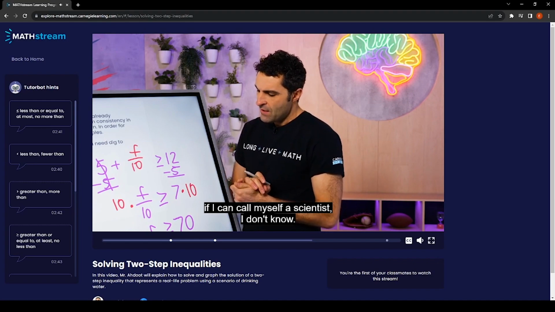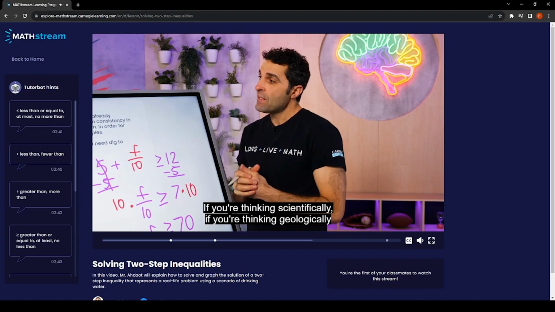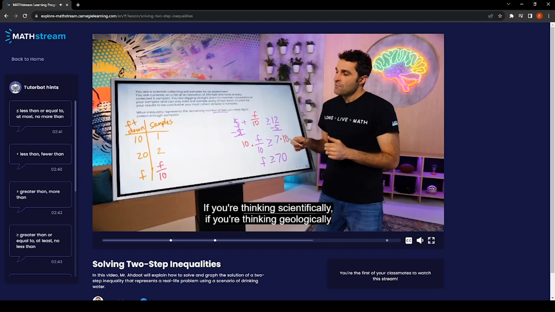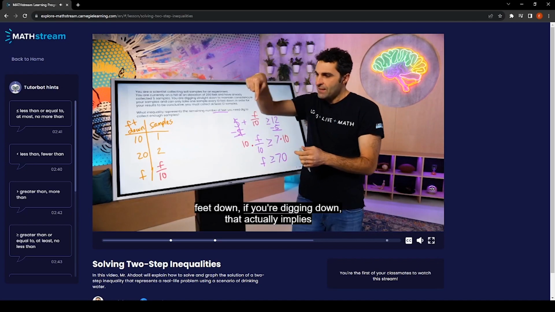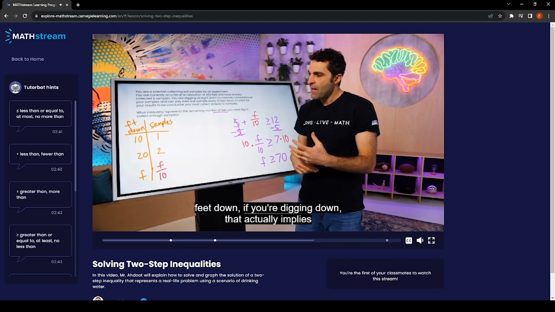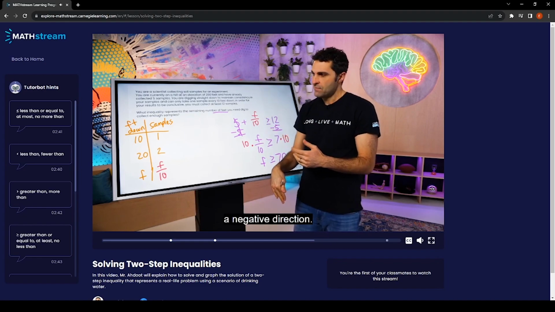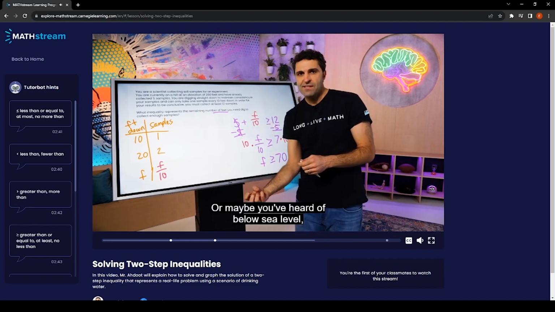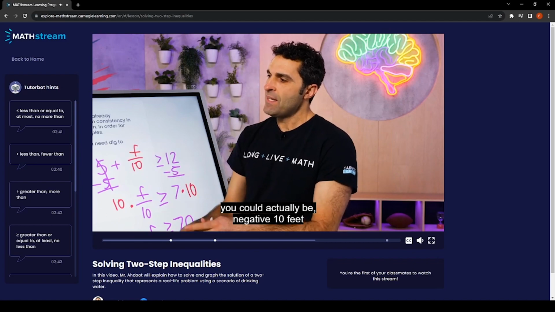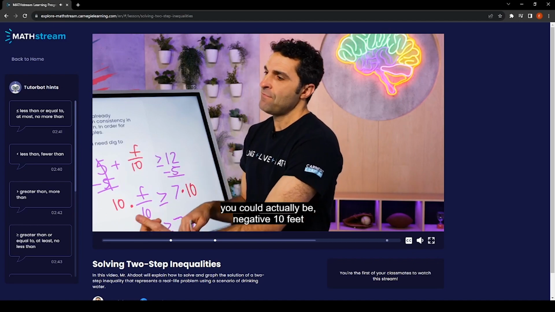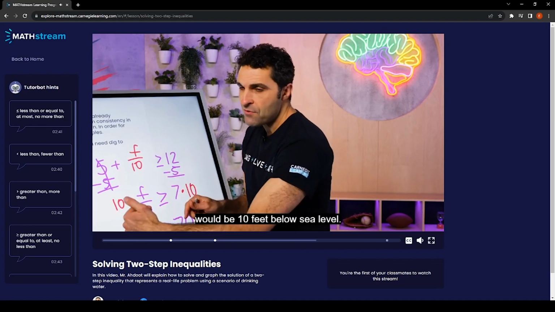Okay, here's something cool for you fellow scientists out there, if I can call myself a scientist, I don't know. If you're thinking scientifically, if you're thinking geologically, feet down, if you're digging down, that actually implies a negative direction. Right? Maybe you've heard of below sea level. Negative 10 feet would be 10 feet below sea level.